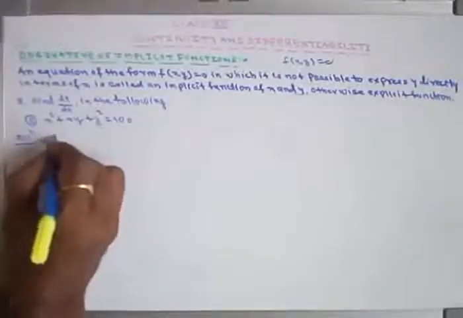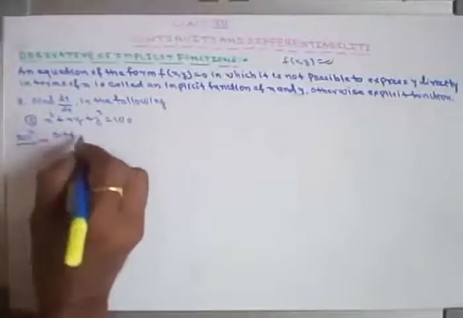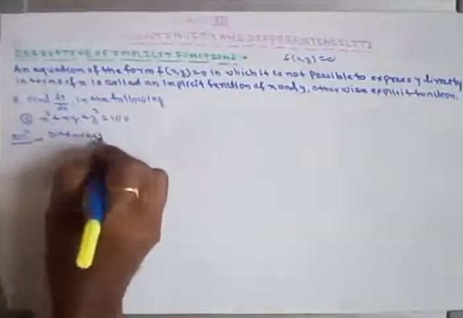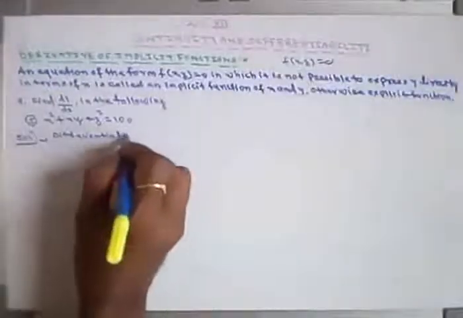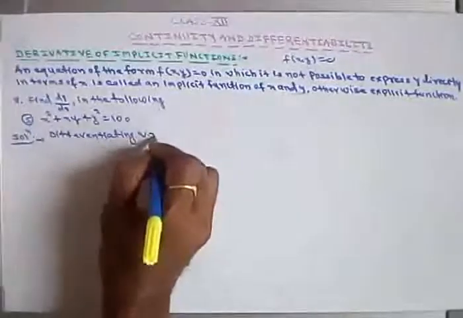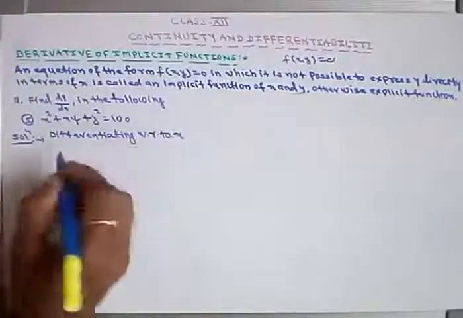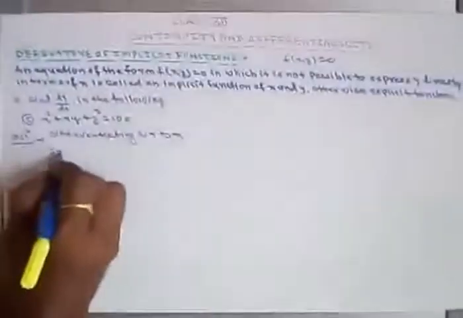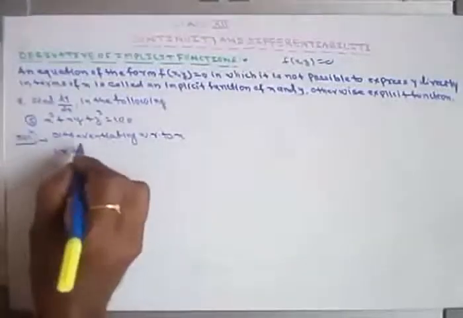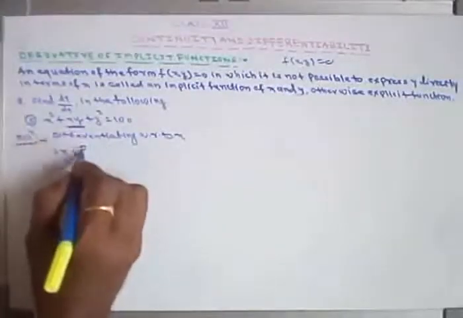So x square differentiating with respect to x. So x square का डेरिवेटिव क्या होगा 2x plus again here the product is x into y.